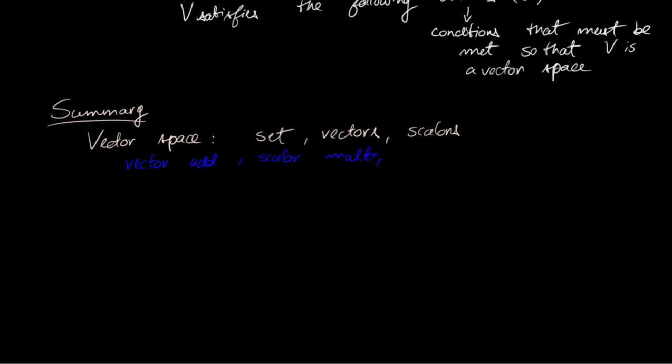And it follows 8 conditions, which are the 8 axioms that I just talked about. So that's what a vector space is defined as in linear algebra.